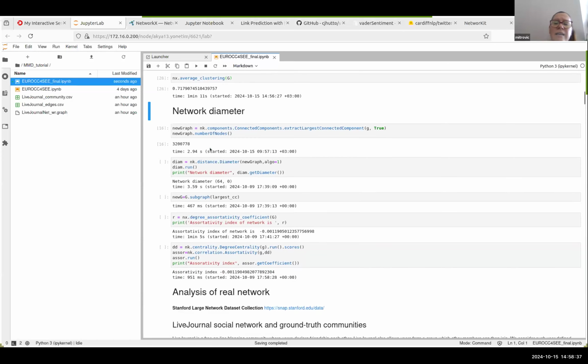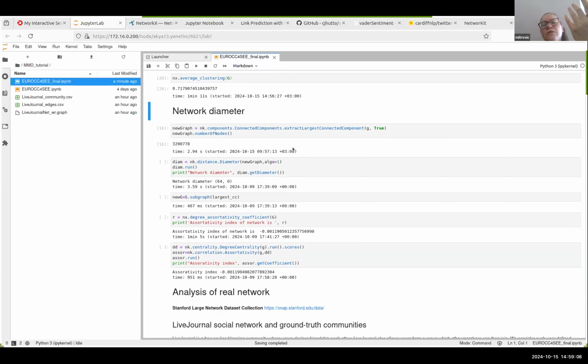The next thing is network diameter. And here I'm stopping comparing with NetworkX. Why do we need network diameter? Sometimes we want to understand how far, or what are the most distant nodes in the network. Network diameter tells us a lot about how a network evolved and how this network is put together in that sense.